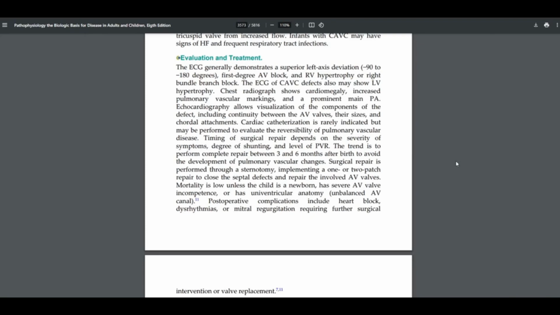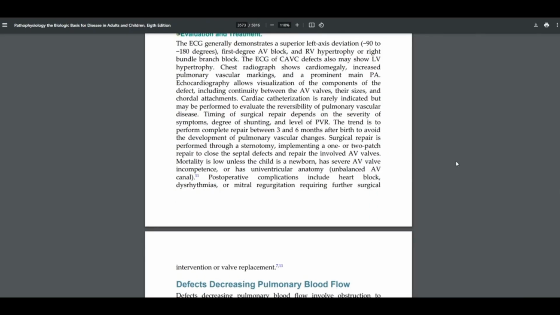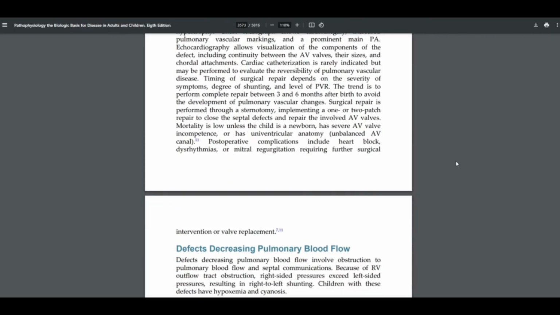Mortality is low unless the child is a newborn, has severe AV valve incompetence, or has univentricular anatomy, an unbalanced AV canal. Postoperative complications include heart block, dysrhythmias, and mitral regurgitation requiring further surgical intervention or valve replacement.